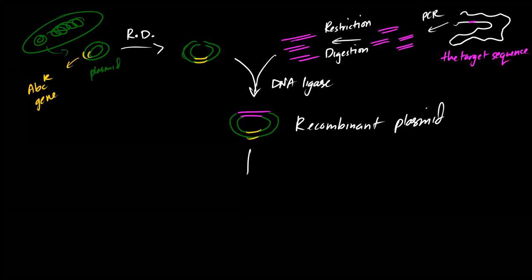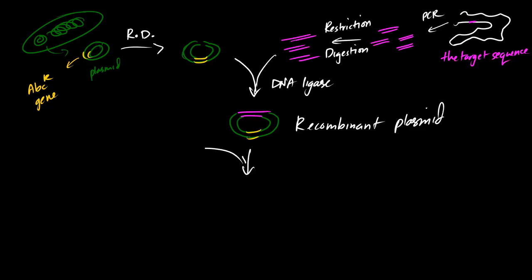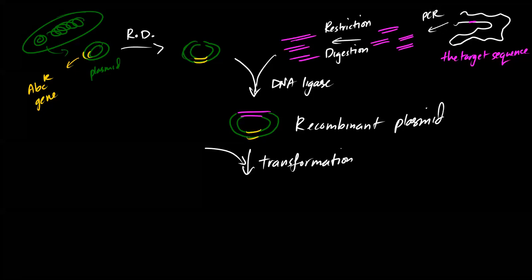The next step is to transform the plasmid into bacteria. So we have a technique called transformation, in which we mix millions of copies of our target sequence prepared by PCR, millions of copies of plasmids, maybe thousands or hundreds of thousands of copies of recombinant plasmid.